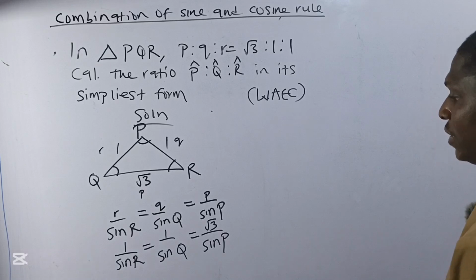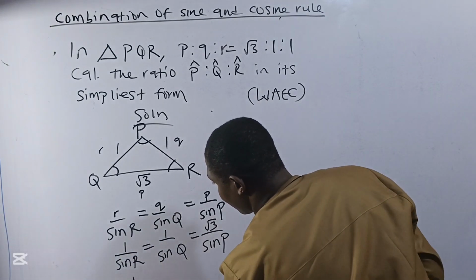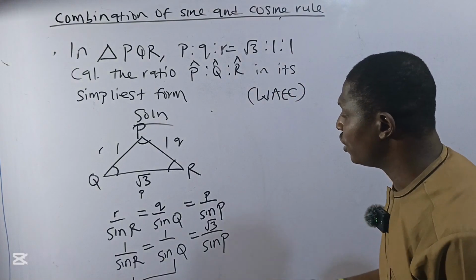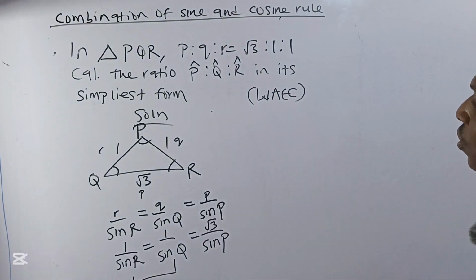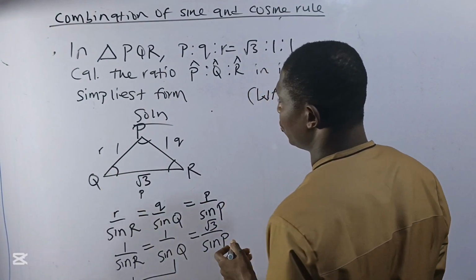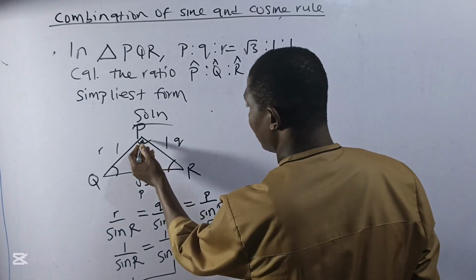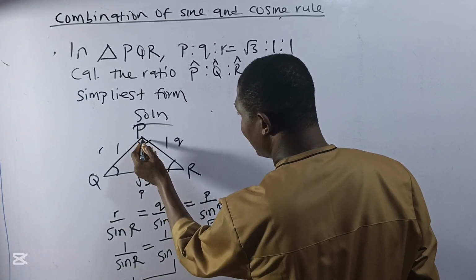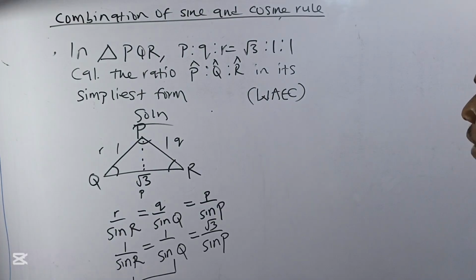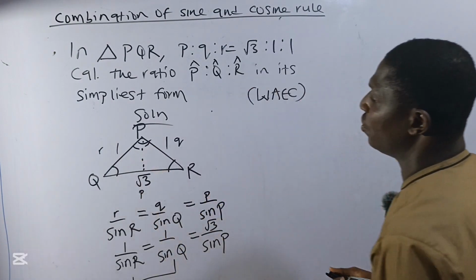After doing this, if you observe these two sides, the two sides are equal. Since the two sides are equal, the two angles certainly will be equal. So therefore this is an isosceles triangle, and if there's a line here, it will split this into two equal right angles, and this angle here will be equal to this angle here.